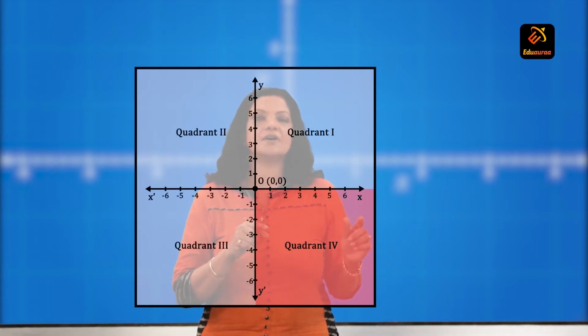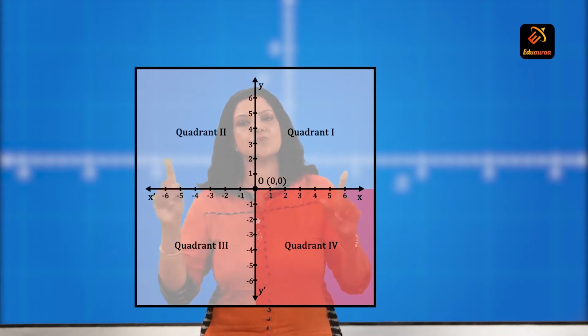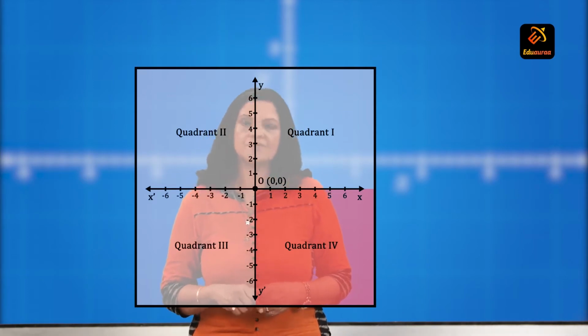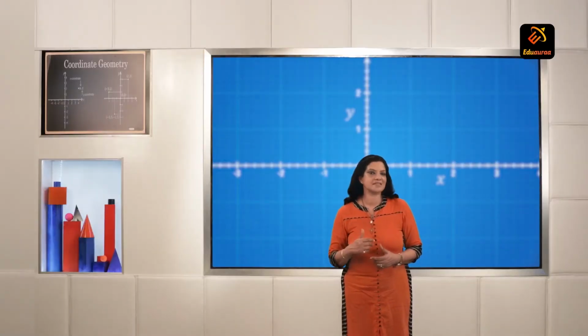Okay? Now, these set of axes and the origin and these 4 quadrants together constitute the coordinate plane, which is also known as Cartesian plane in honor of Descartes. Now, you may ask why should we learn coordinate geometry? Because coordinate geometry is the mathematical tool to solve geometrical problems algebraically.